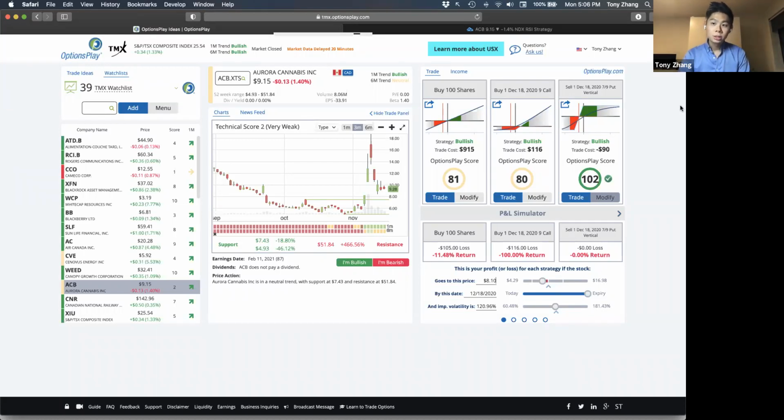But the question is, if the stock goes all the way down to, let's say, $5, do you want to hold on to that and potentially lose the full $1.10, or would you want to cut your losses and move on? From my perspective, if the stock makes a big move to the downside, that probably means your original thesis of the stock staying above $9 is probably wrong. We would tend to cut our losses and move on.